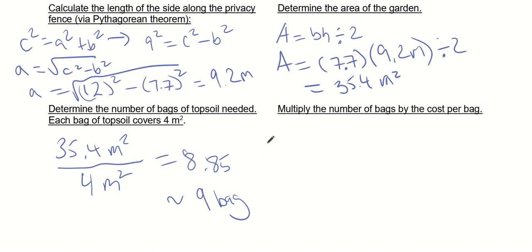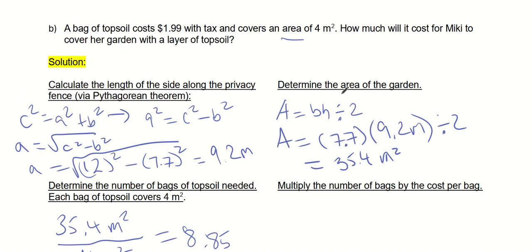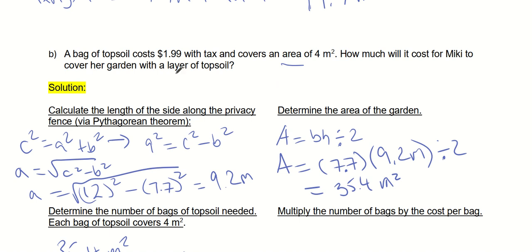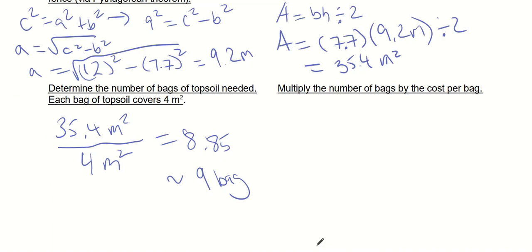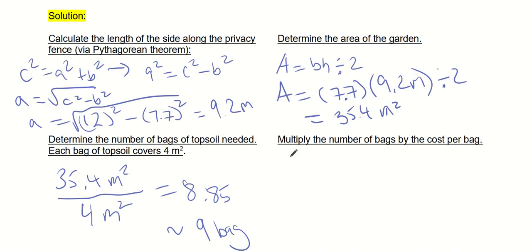So we have 9 bags of soil, and if you look at the cost of the bag, each bag costs 1.99, right? So what we're going to do is multiply the bags by the cost. So we can say here, $1.99 per bag, and we're going to multiply it by 9 bags.